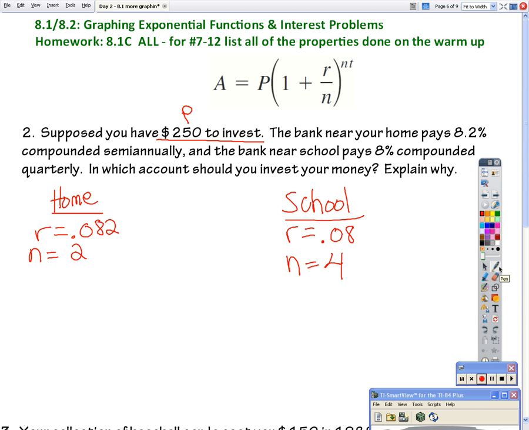Okay, I heard 5 and 1, so let's try 5 to start. So we have to do this twice. So for the home account, I'm going to plug in my numbers.